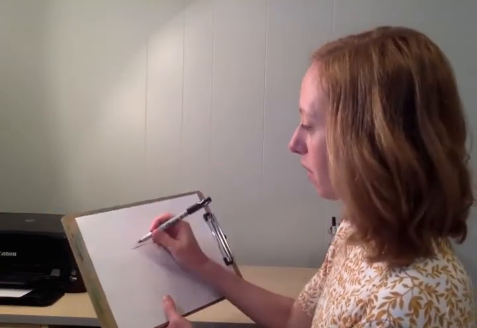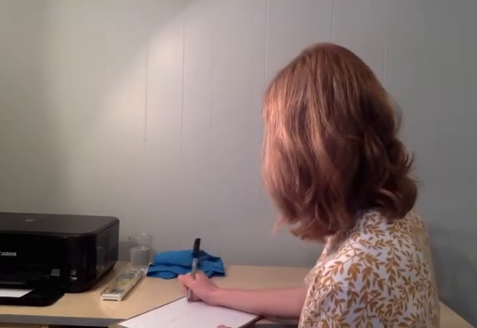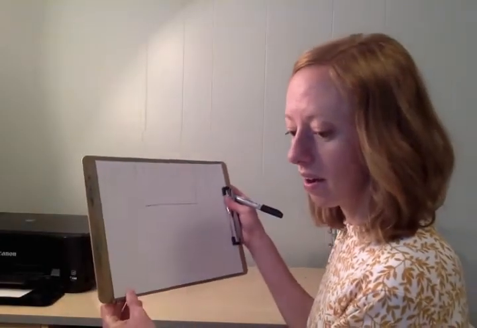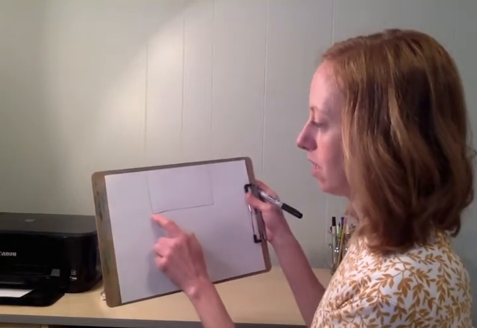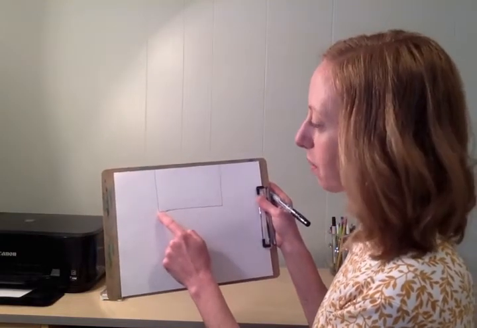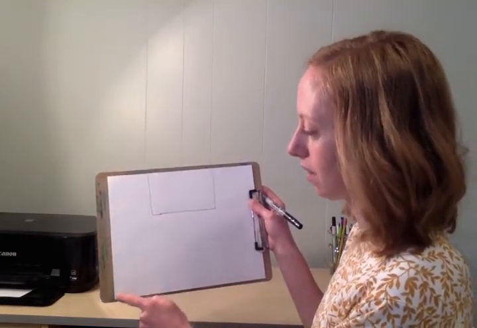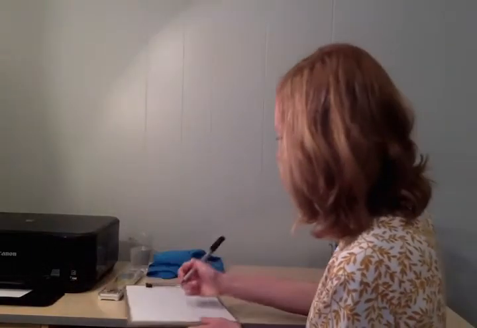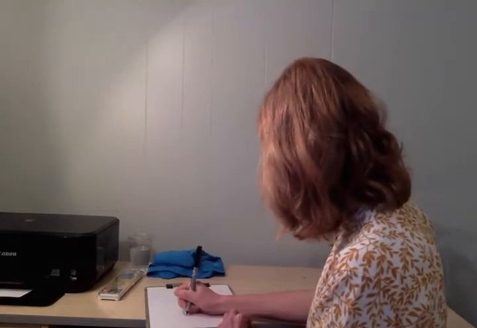And so then we're going to do two straight vertical lines up from the ends of that horizontal line. There's our back wall. And then from each corner of that rectangle we made, we're going to go with a straight line angled down to the bottom corner of our paper on both sides.